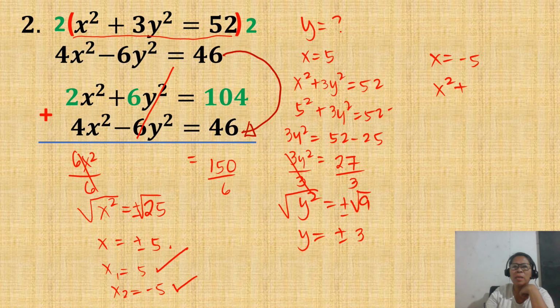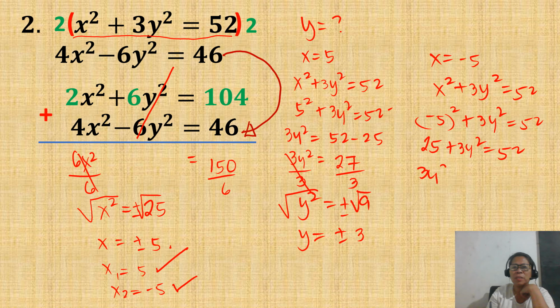We still have to use the original equation A. So our x is negative 5, plus 3 times y squared is equal to 52. Then negative 5 squared will be positive 25, plus 3y squared is equal to 52. So we have 3y squared is equal to 52, transposing the 25, all over 3.